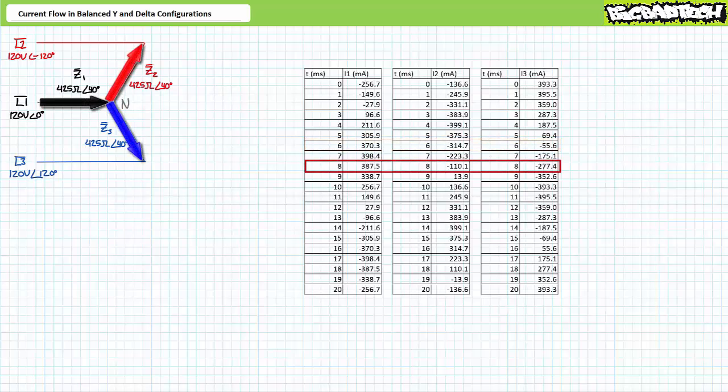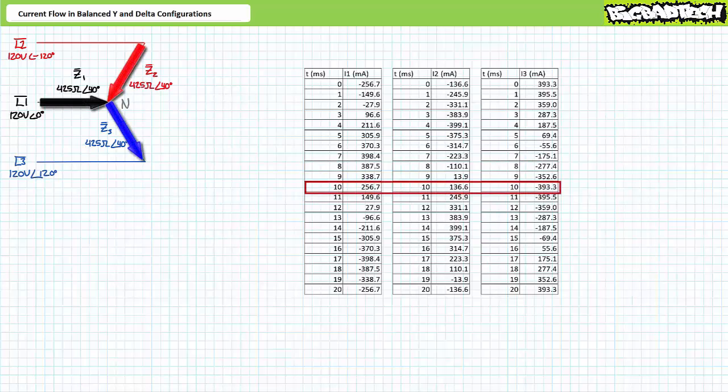At t equals 8 milliseconds, 387.5 milliamperes is entering the Y via impedance element Z1. 110.1 milliamperes is leaving the Y via impedance element Z2, and an additional 277.4 milliamperes is leaving the Y via impedance element Z3. 110.1 plus 277.4 does indeed equal 387.5 milliamperes. Okay, halfway there.